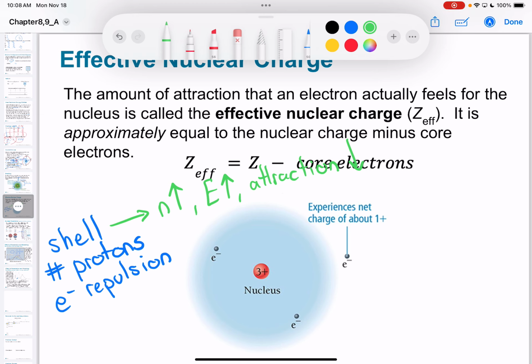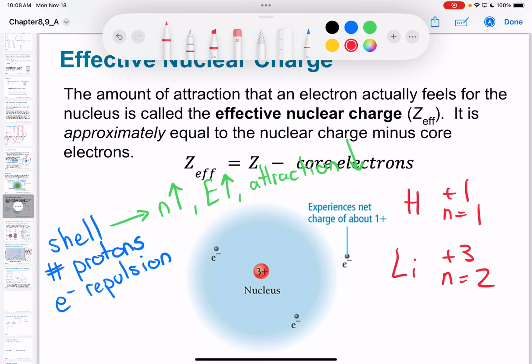So I'm going to use hydrogen and lithium as my 2 examples. Hydrogen has 1 proton, and it is at n equals 1, so there are no core electrons. That's its only valence electron. Lithium has 3 protons, but its valence electrons are at n equals 2.